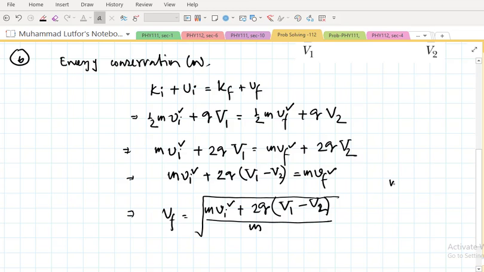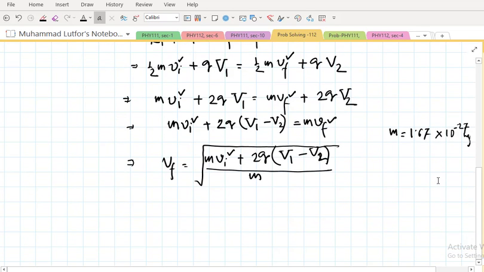The mass of the proton that you should know is 1.67 into 10 to the minus 27 kg. And the charge is positive, right? So the charge of the proton is 1.6 into 10 to the minus 19 coulomb.